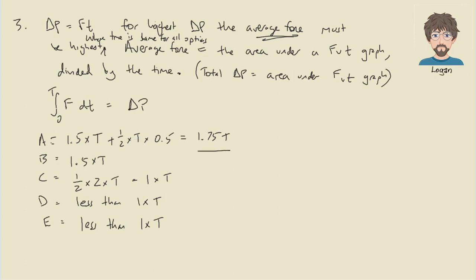So the correct answer is A, graph A, or the product A. Launcher A gives greatest momentum.